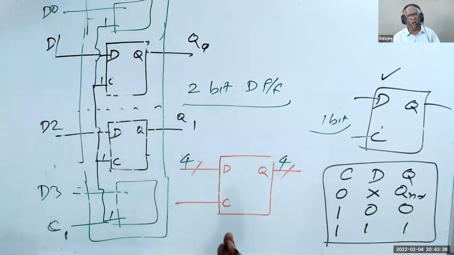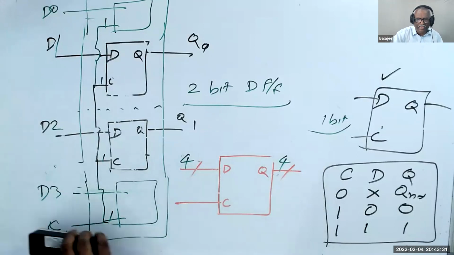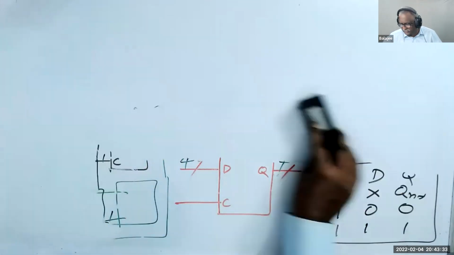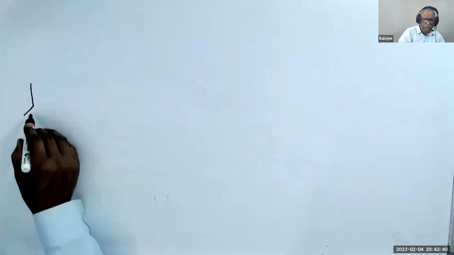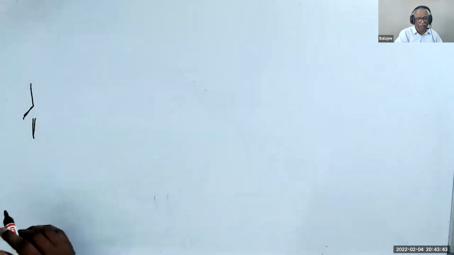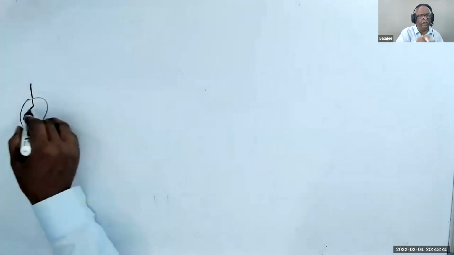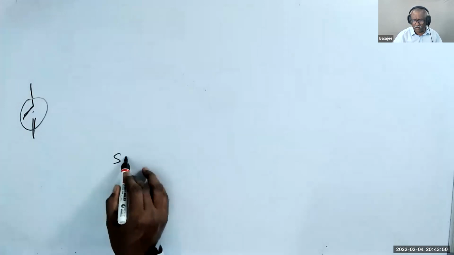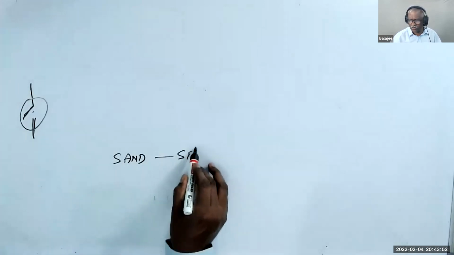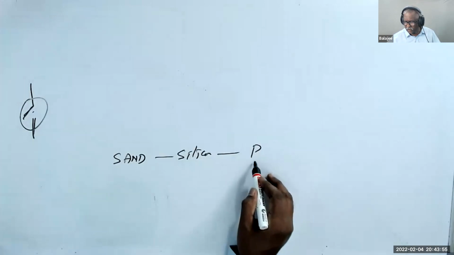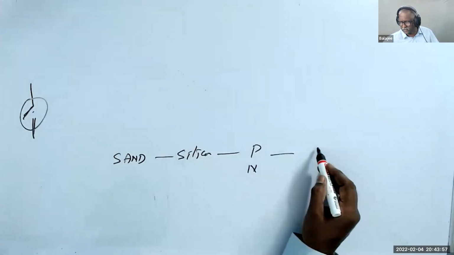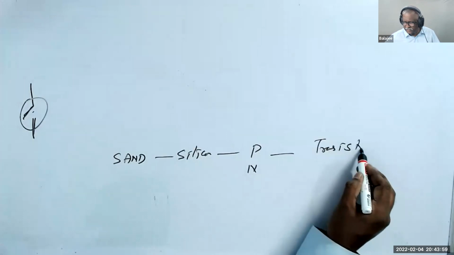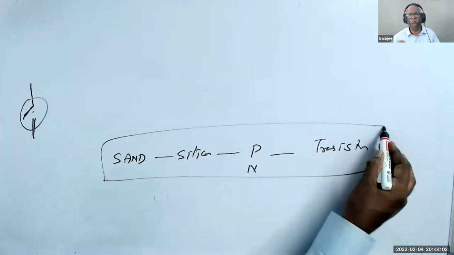So now you understand one important thing. I'll once again draw that whole thing, then you will understand what it is. You see here, we build a switch. We go back to how the switch came in another electronics topic: from sand to silicon to P and N material, and then the transistor.